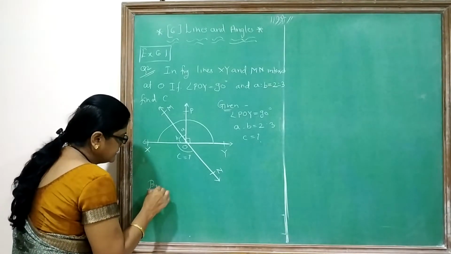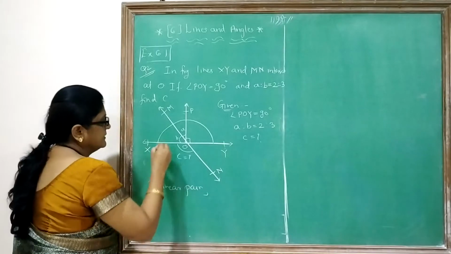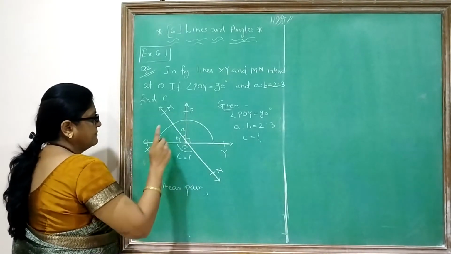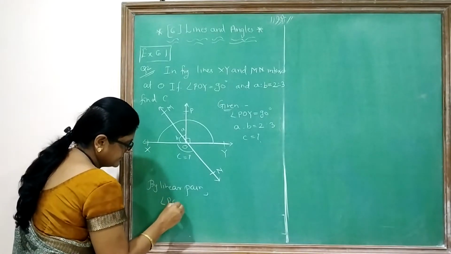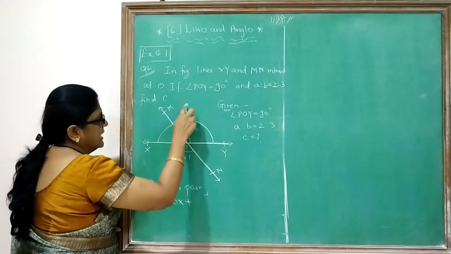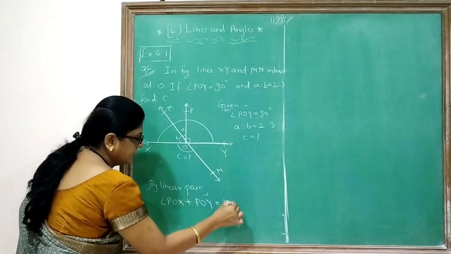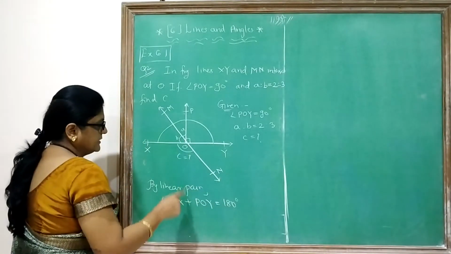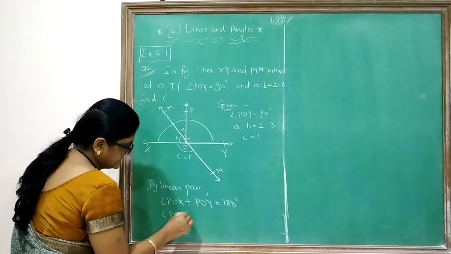Then by linear pair, first we will write angle POX plus angle POY equals 180 degrees.